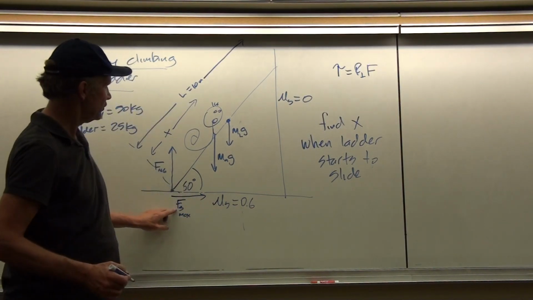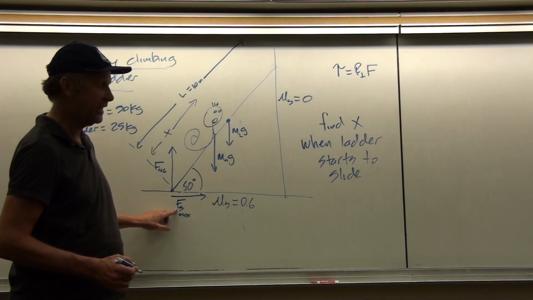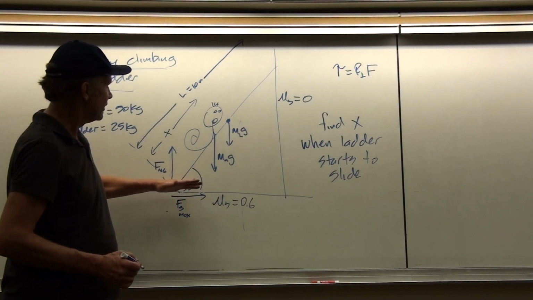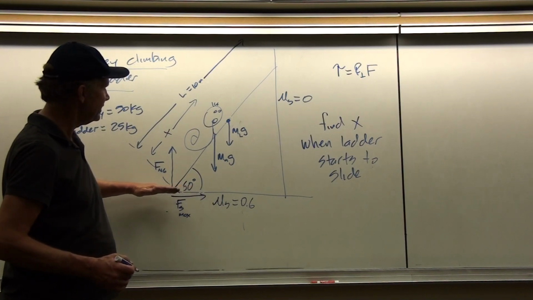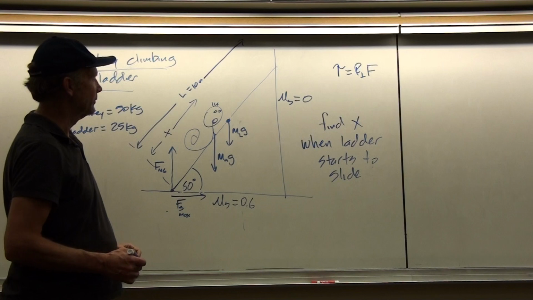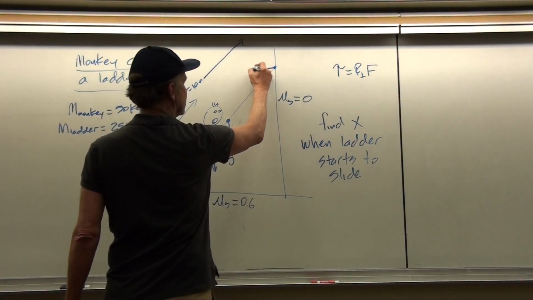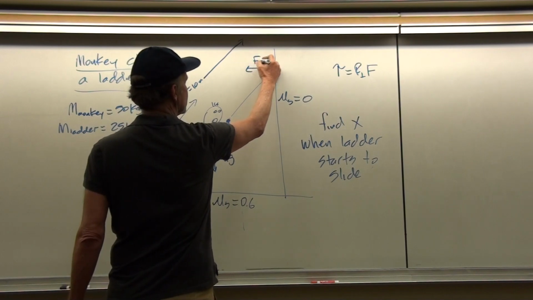So we're going to push that friction force to its maximum value, and at that point the ladder will start to slide, if we exceed that force as the monkey goes further and further up the ladder. And then finally we have a force acting in the horizontal direction here, which I'll call F normal wall.